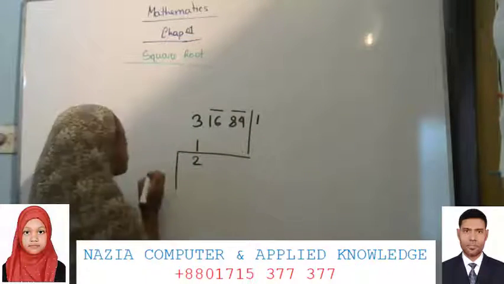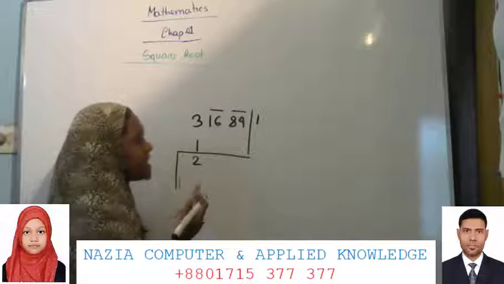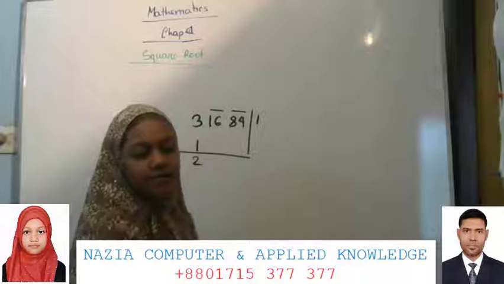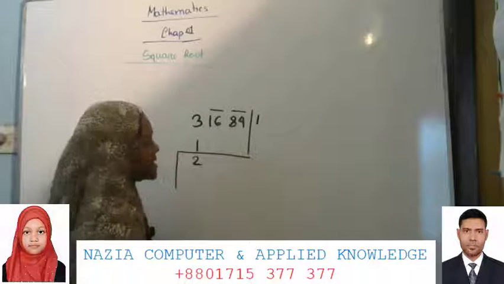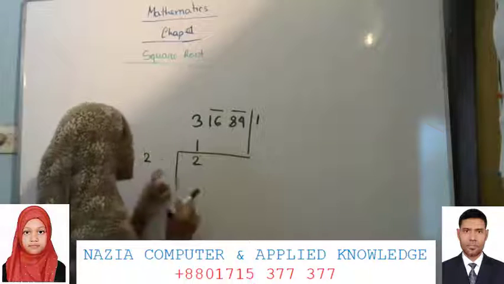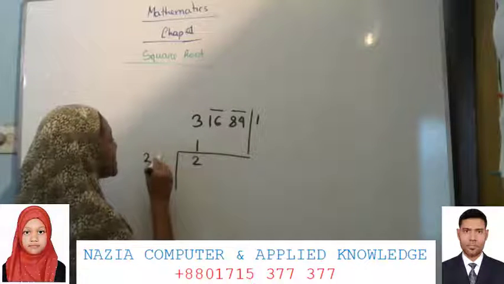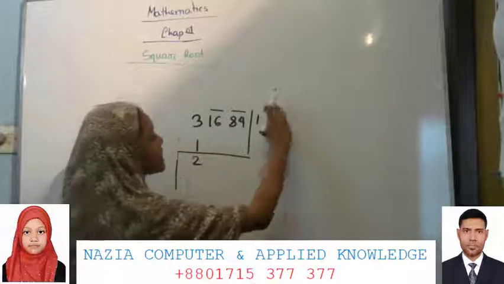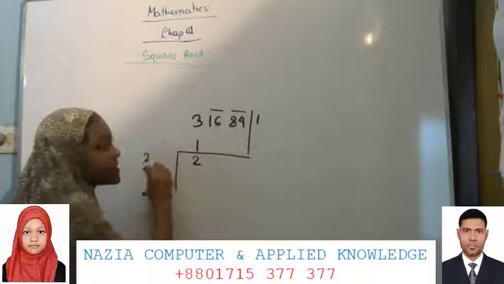So if we double it, then it will be 2. So after that, look, 2 here, 2 here. We have to put some numbers here. That's why we have given some space. So there will be a number, there will be a number.